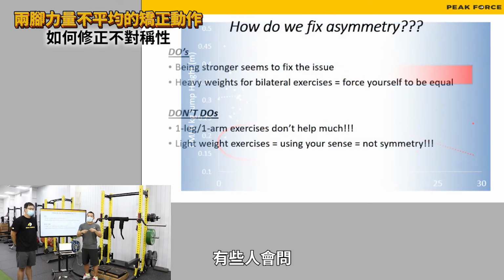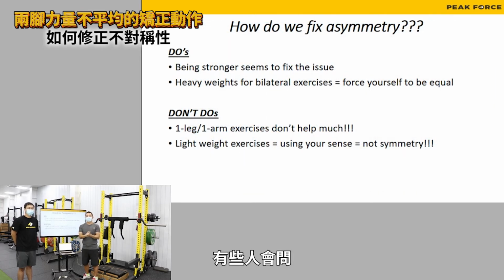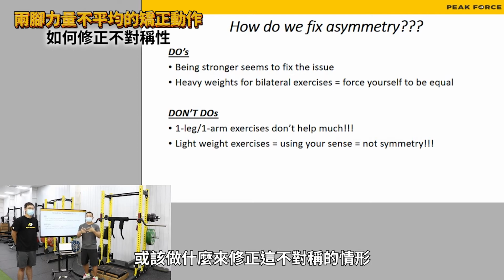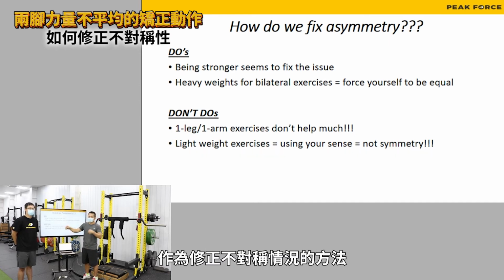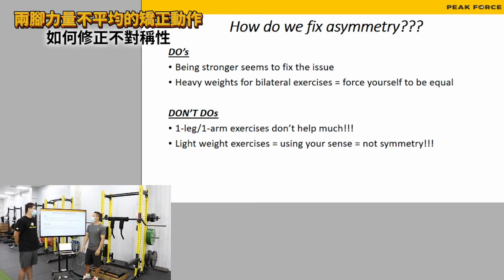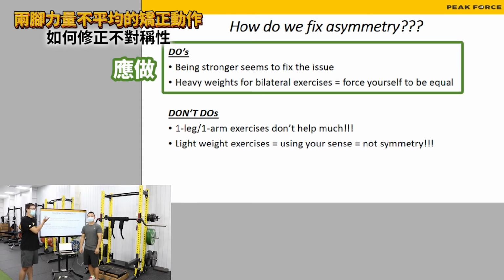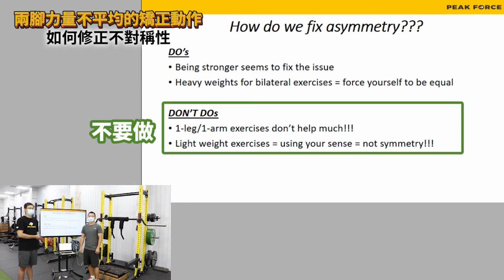Okay. So I had some people asking what kind of exercise is really good, or how we approach fixing this asymmetry. So I listed do's and don'ts for fixing asymmetry. Some people ask what methods or exercises we should use to correct asymmetry, so we have two parts: the first is what you can do, and the second is what not to do.